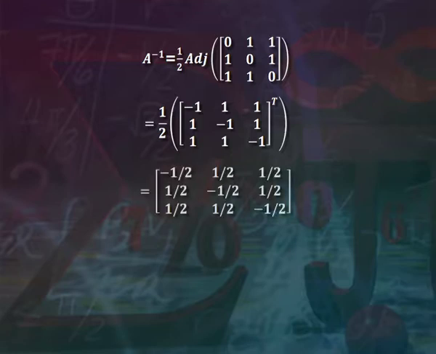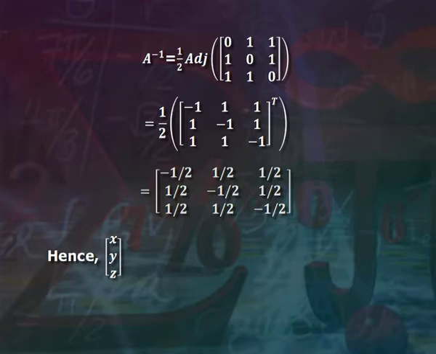The inverse is given by A inverse equal to 1/2 adjoint of the matrix 0, 1, 1; 1, 0, 1; 1, 1, 0, which is the same as 1/2 transpose of the matrix -1, 1, 1; 1, -1, 1; 1, 1, -1, which is equal to the matrix -1/2, 1/2, 1/2; 1/2, -1/2, 1/2; 1/2, 1/2, -1/2.